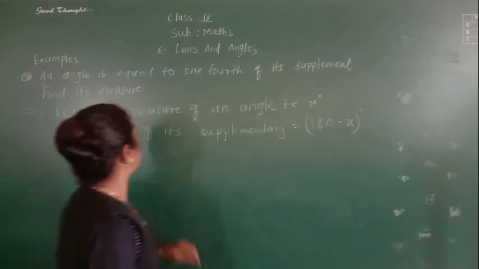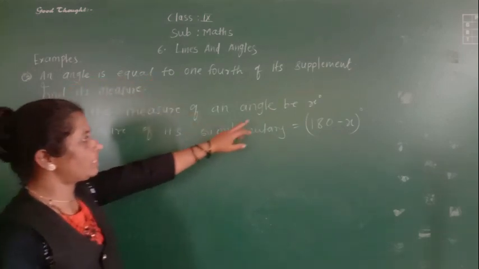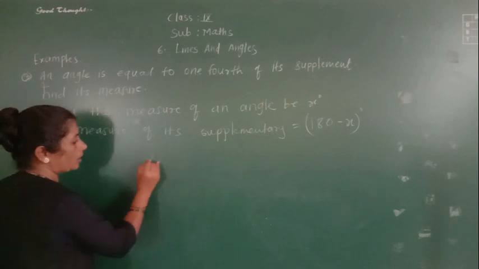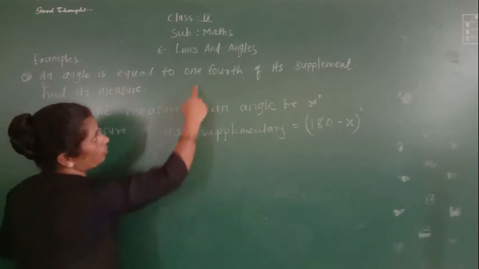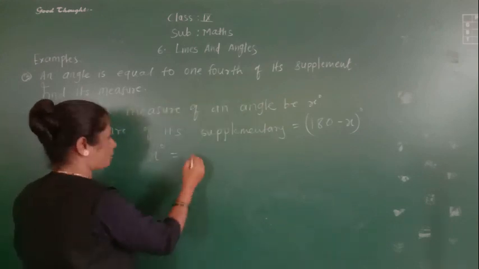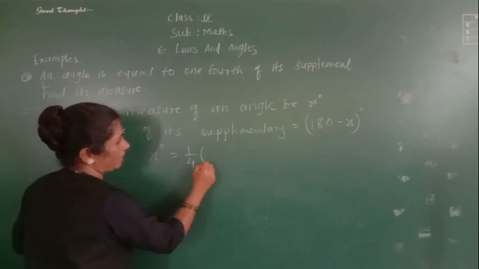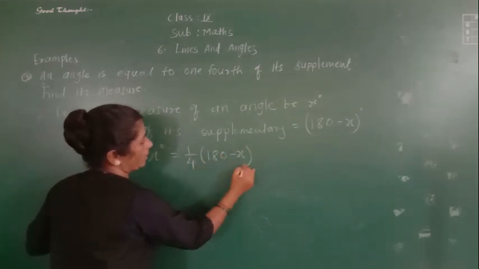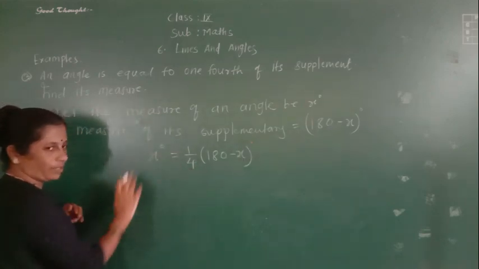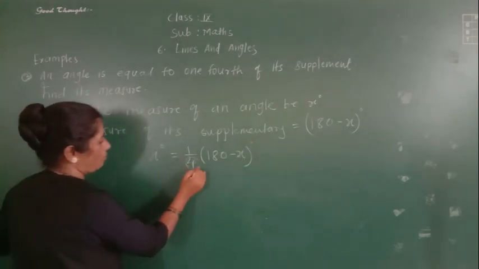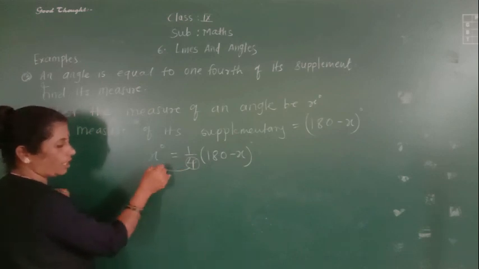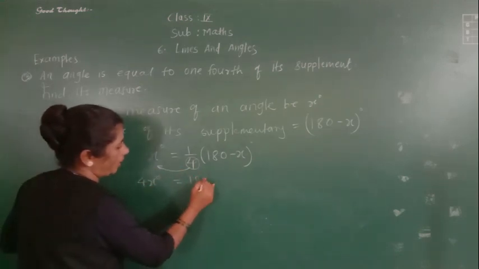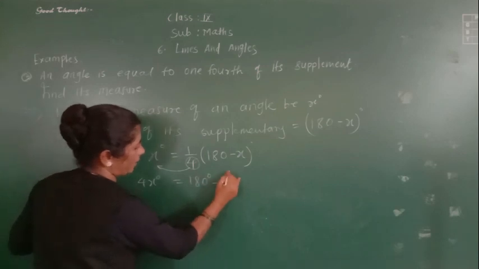Here it is given that an angle is equal to 1/4 of its supplement. Supplement is 180 minus x degree. So we have to simplify this. This 4 is a divisor, so here it will become multiply. So 4x degree equals 180 degree minus x degree, right?